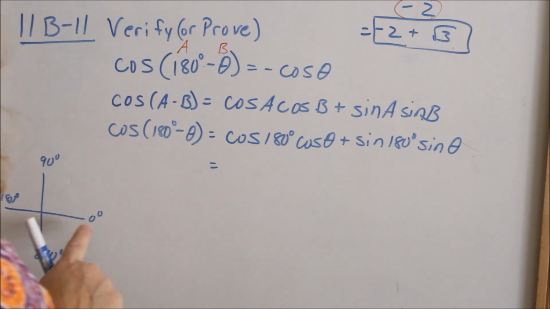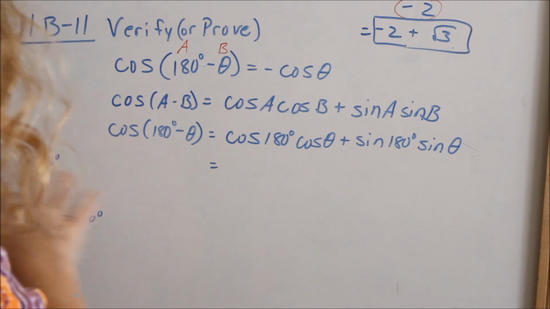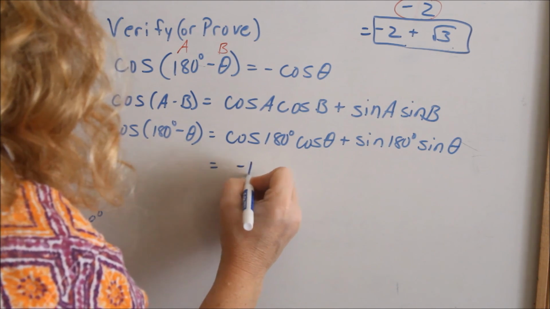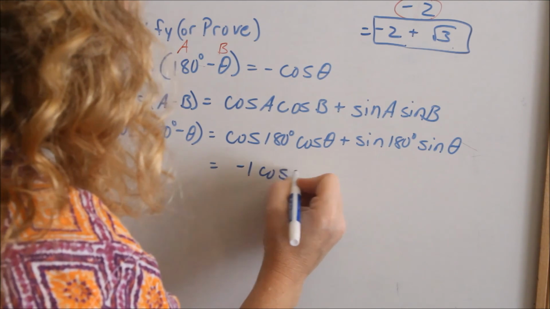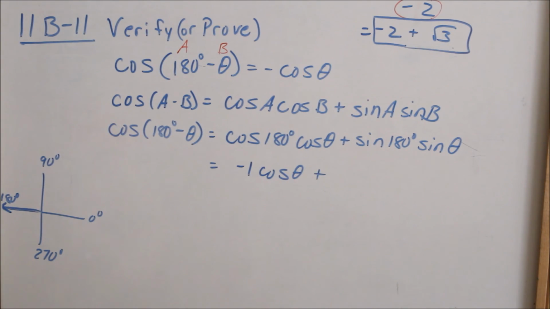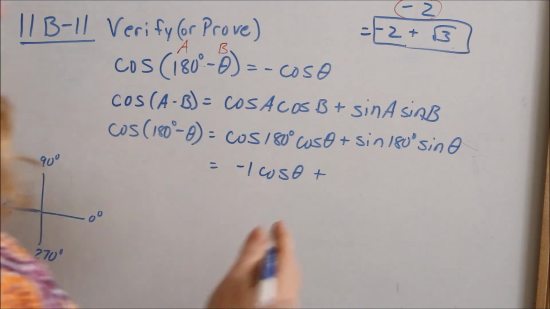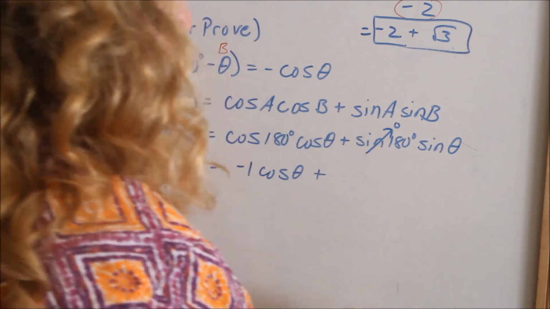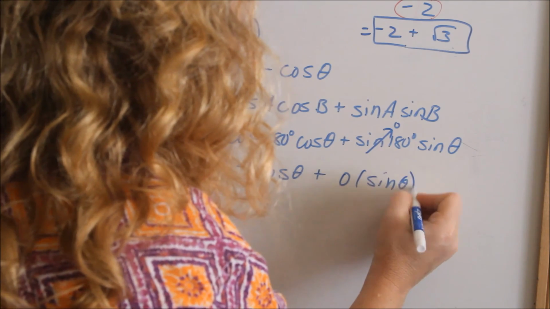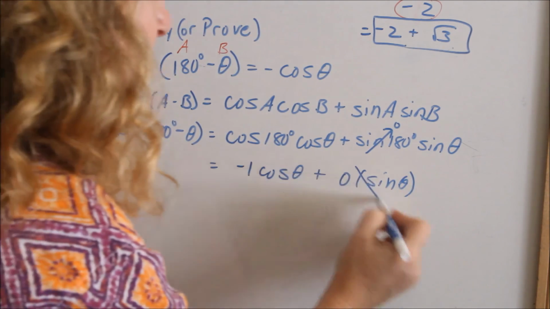So the easiest way to do it without going through the graph, you can verify it on the graph, but if you just put it in your calculator, cosine of 180 degrees is -1. So that would be -1 times cosine of theta plus sine of 180 degrees, which is 0. 0 times sine of theta, 0 times anything is 0.